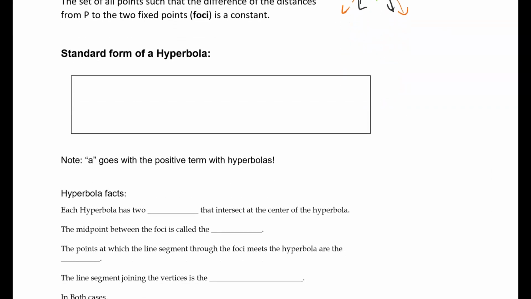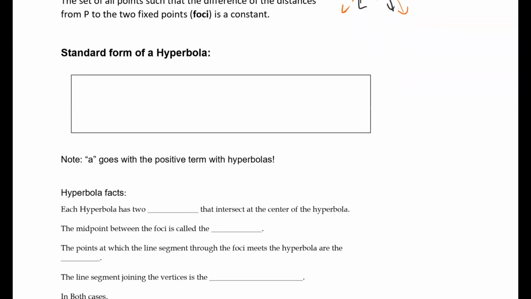All right, like a parabola, a hyperbola has two standard forms of the equation. The first standard form is the quantity x minus h squared all over a squared, minus the quantity y minus k squared all over b squared, is equal to 1.